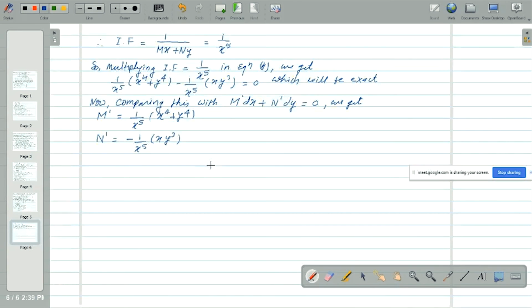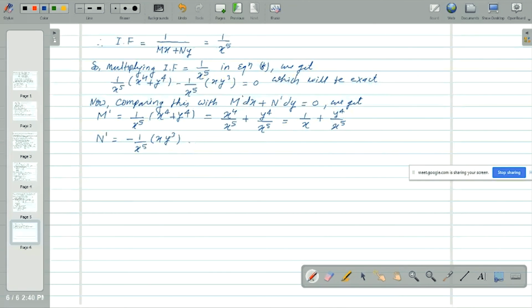Okay, just simplify this. Multiplying inside, this becomes x raised to 4 by x raised to 5, plus y raised to 4 by x raised to 5. So this can be written as 1 upon x plus y raised to 4 divided by x raised to 5, as it is.